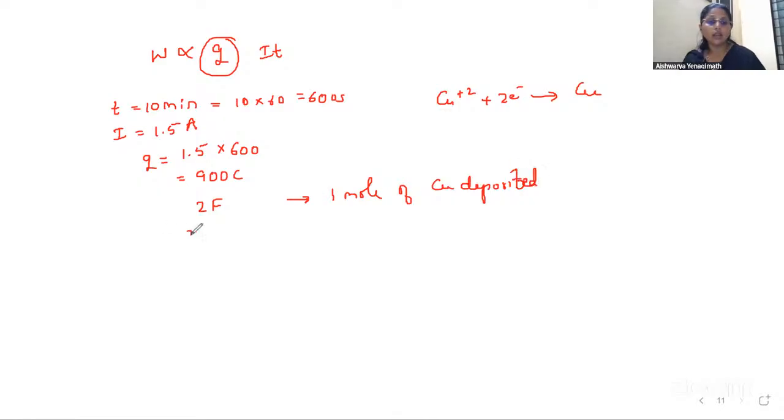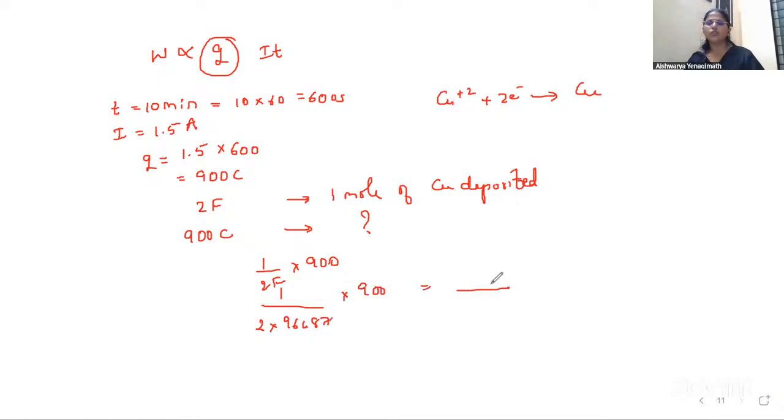But how much charge do I have? I have 900 coulombs of charge. So with 900 coulombs, how much copper gets deposited? It is 1 by 2F into 900, that is 900 divided by 2 into 96487. When you solve it, this many moles of Cu will be deposited. What is number of moles?